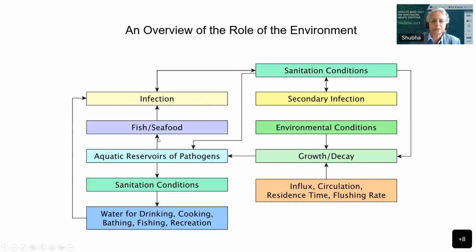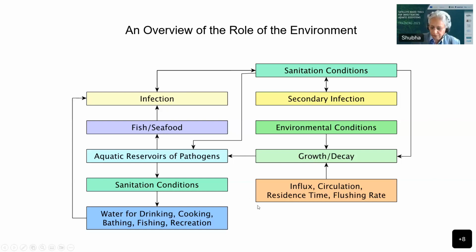And then these may come back to infect us, for example, through fish or seafood. The circulation, residence time and flushing rate of water bodies can also determine the growth rate and again influence the pathway to infection.